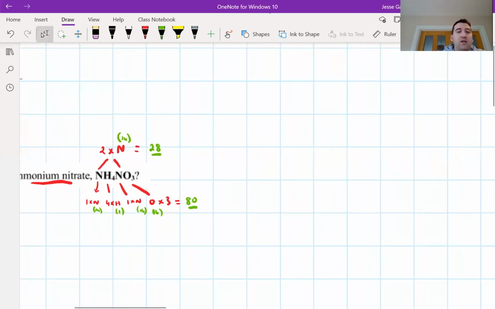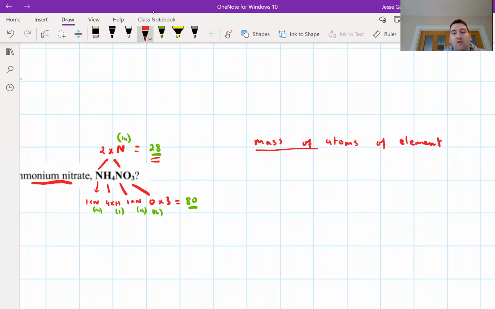So let's turn this into an equation, thinking about what we're actually doing. We're taking this mass up here, the mass of the atoms of the particular element that you're interested in, and we're dividing it by the mass of the whole compound, or what we call the Mr, the formula mass, or the relative molecular mass, or the molar mass, quite a few names for that.